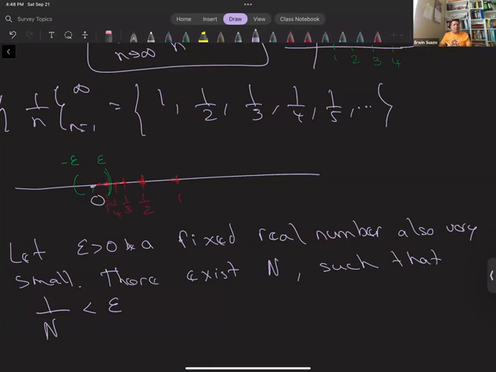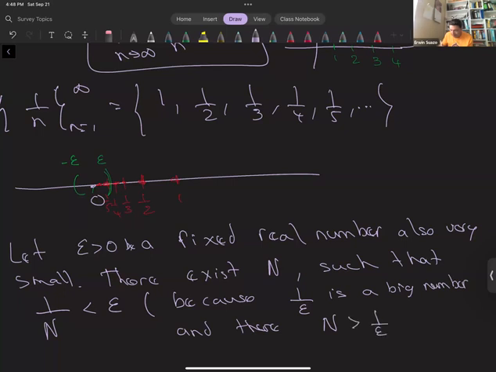And why? Because 1 over epsilon is a big number, right? And there is a capital N bigger than 1 over epsilon. Why? Because the natural numbers, or the positive integers, are not bounded.